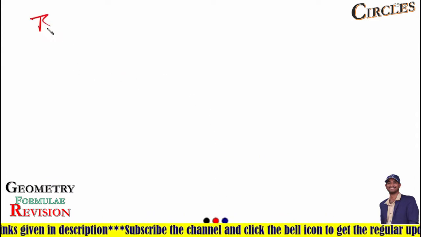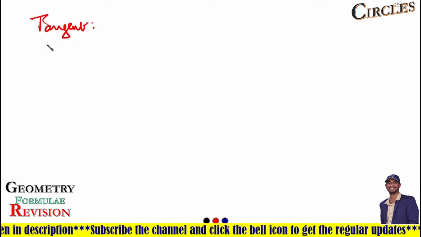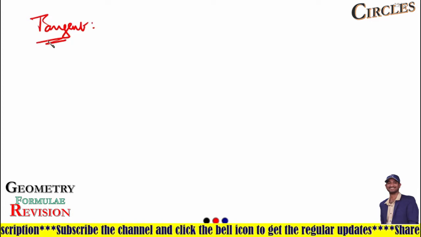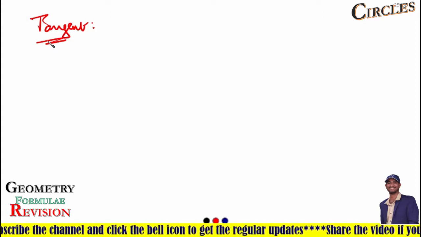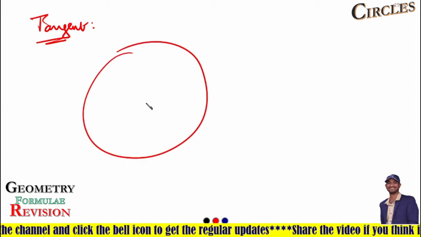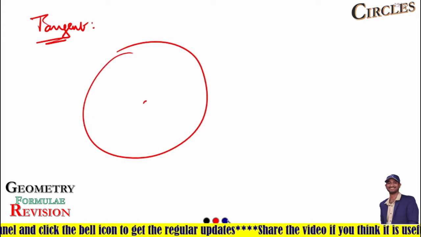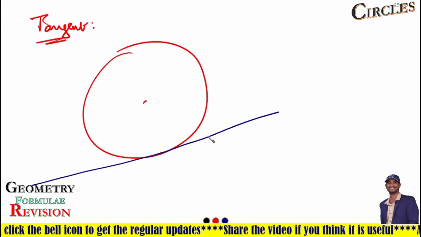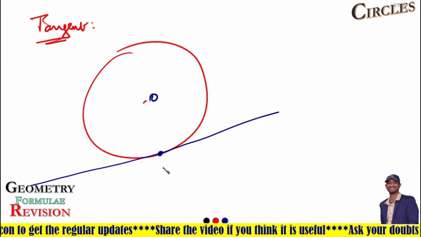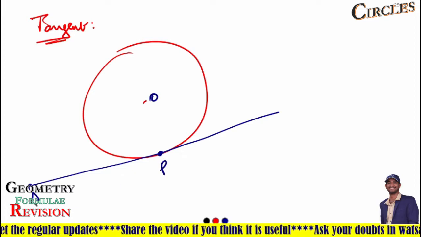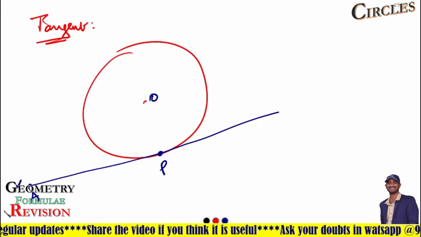Next is tangent. Tangent means it is a line joining from an external point to the circle, and it intersects at only one point. So suppose it is a tangent drawn from an external point to the circle. It touches at point P, and E is the external point.